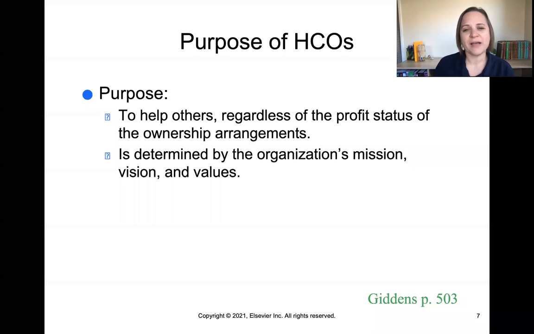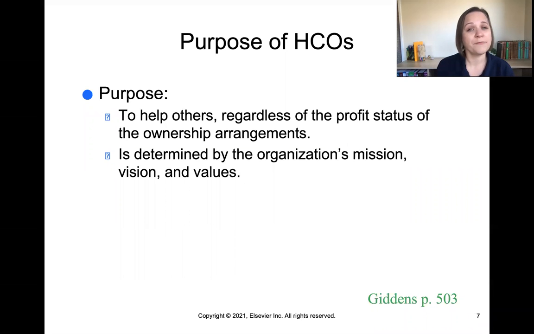Now, the purpose of every healthcare organization, the bottom line, is to help others, regardless if it's a for-profit or a not-for-profit organization. I worked at a not-for-profit organization in my first job as a nurse, and it was a Catholic organization, and our sister would come through, the nun that was over our healthcare system, and she would just say, no money, no mission, no money, no mission.